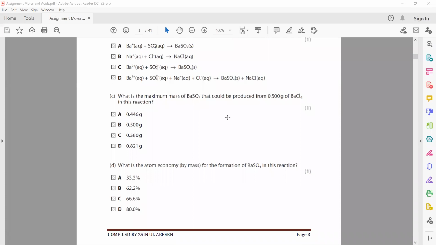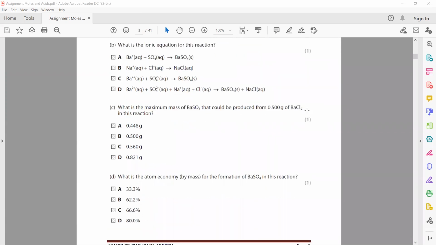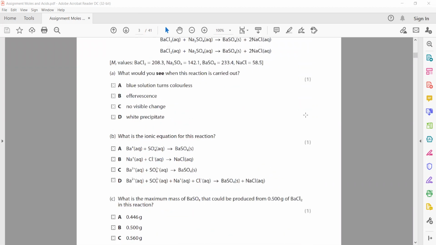The next part: what is the atom economy by mass for formation of barium sulfate? The atom economy is the mass of the desired product divided by the total mass of reactants, times 100.